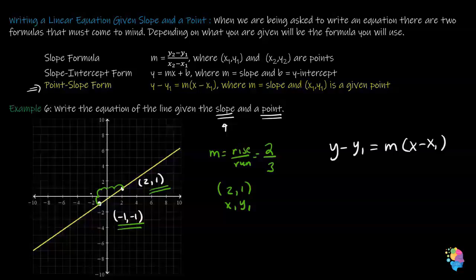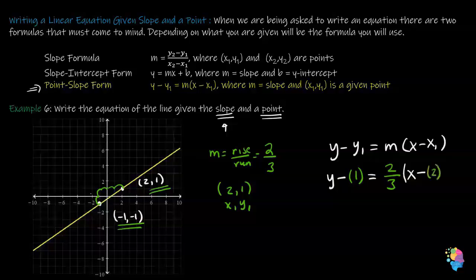Bring down the y value, y minus, and y1 is going to be a 1. Don't lose the equal sign. Bring down the slope that we found. That was 2 over 3. Open parentheses. Bring the x and the minus from the formula. And then x1 gets replaced with 2.